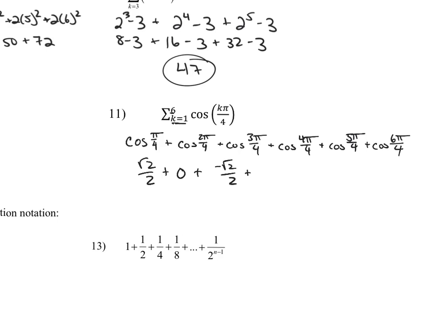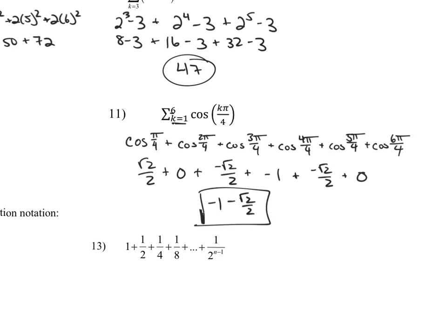Cosine of 4 pi over 4 is the same as the cosine of pi, so that is negative 1. Cosine of 5 pi over 4 is negative root 2 over 2. And the cosine of 6 pi over 4 is the same as the cosine of 3 pi over 2, so that's 0. When we collect up and combine like terms, we're left with negative 1 minus root 2 over 2. We can just leave our answer like that. We don't have to find a common denominator.